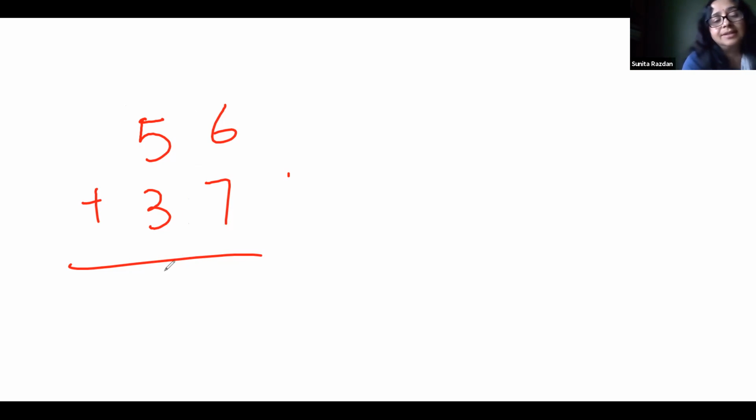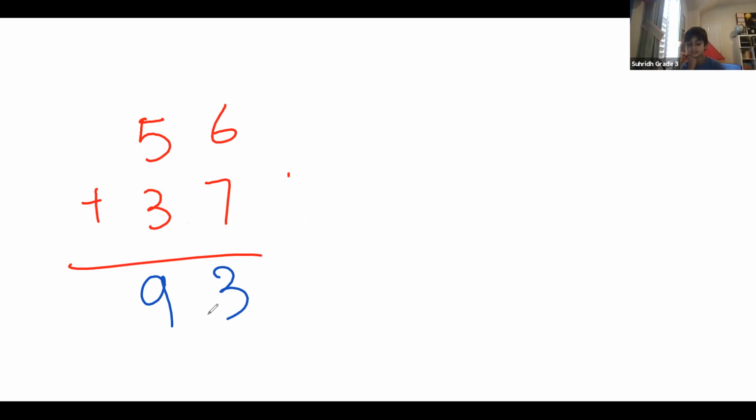So 8, yes, there is 9, right? Because we try to write from here to here. When writing, you can do it anyway, but the preferred method here is you will do this 8, and you know that the carry is coming from here. So you will put a 9 here and 3. Does it make sense? Yes.